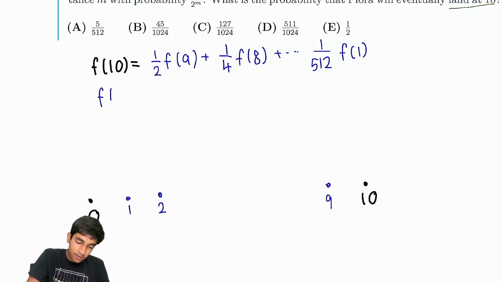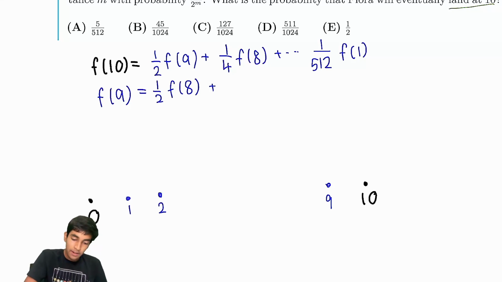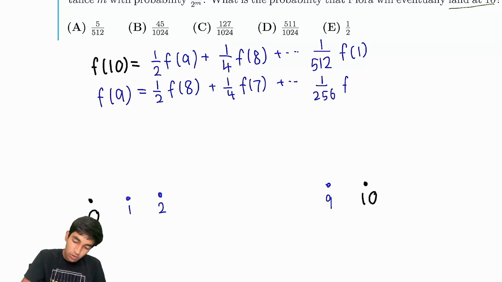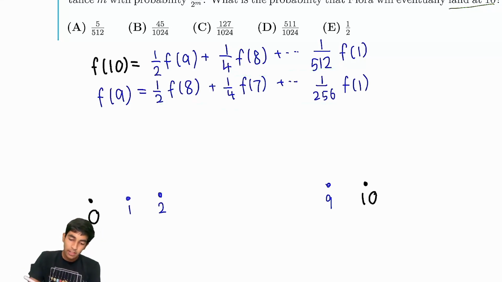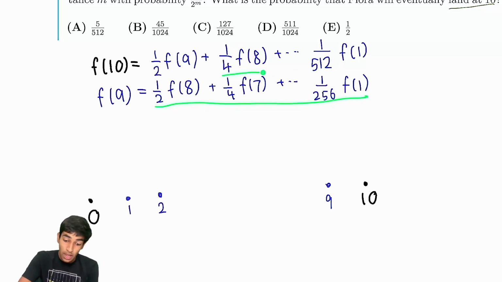Obviously, this is going to be very hard to compute manually, but maybe you can notice some cool algebraic tricks going on here. It'll be something very similar, right? From 9 away, half chance of becoming 8 away, 1/4 chance of becoming 7 away, and so on, 1 over 256 chance of becoming just 1 away. You might notice that these are very similar. In fact, if you take all of these terms and divide them all by 2, you get all of these terms precisely.